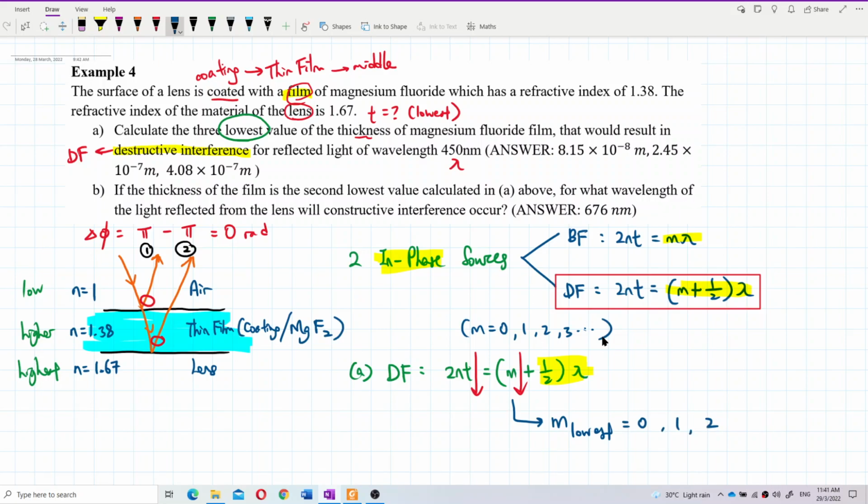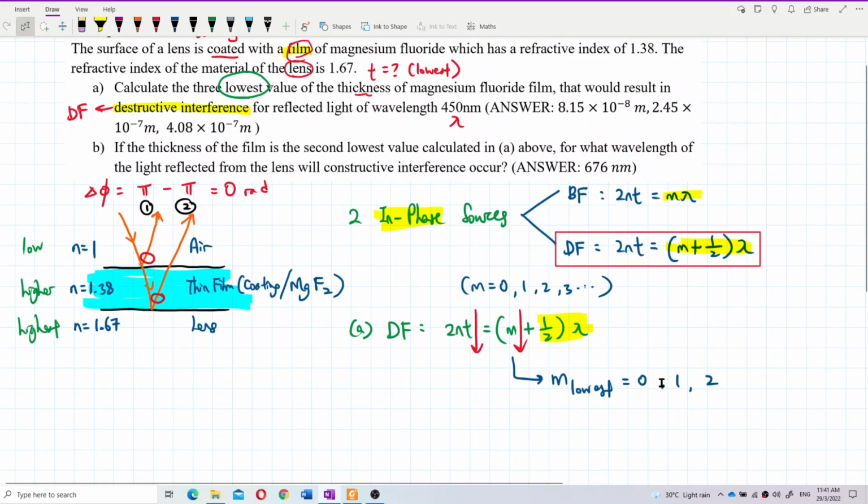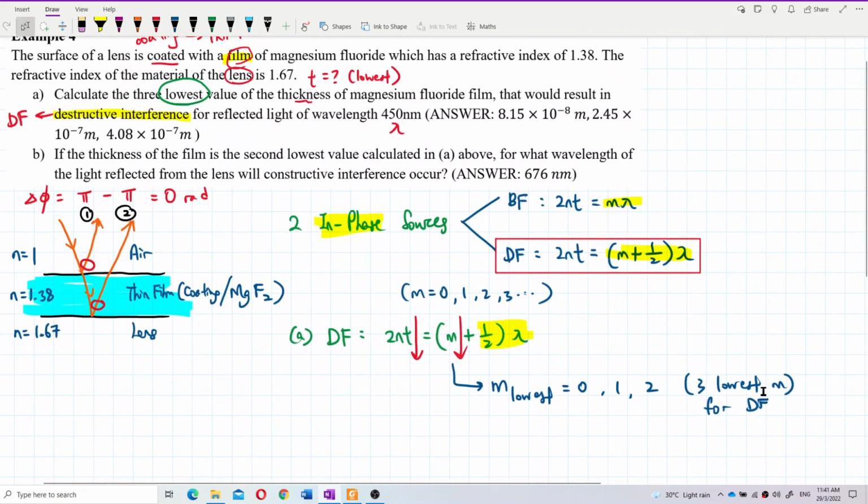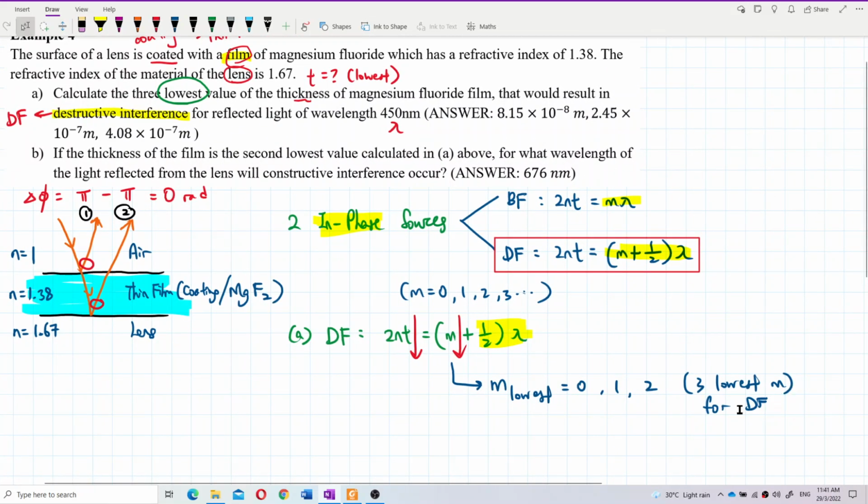These are the 3 lowest order values of m for dark fringe. Understand? So it's 0, 1, 2.